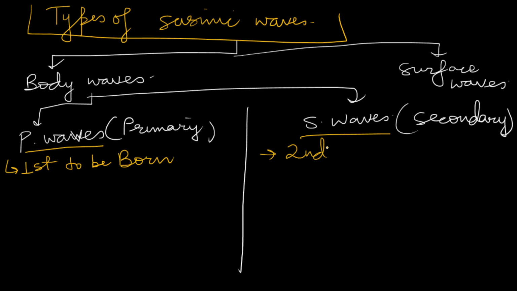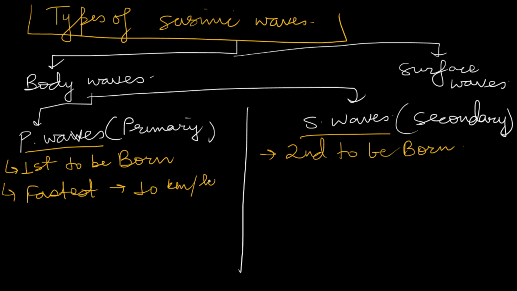They get born after P waves. Secondly, P waves are the fastest waves. They travel at the speed of 10 km per second, whereas S waves travel at the speed of 5 to 6 km per second.